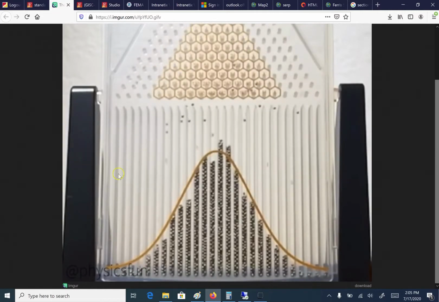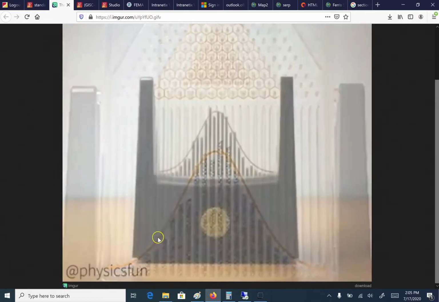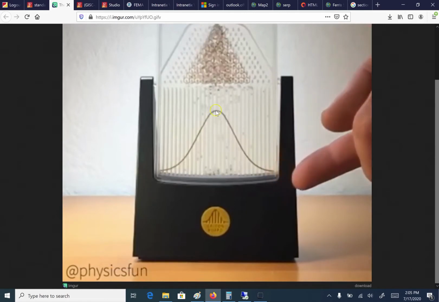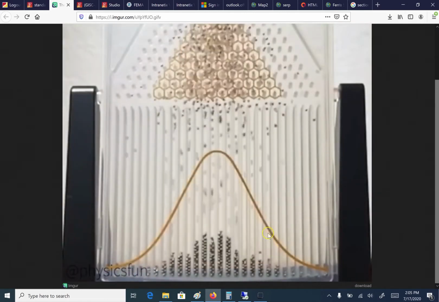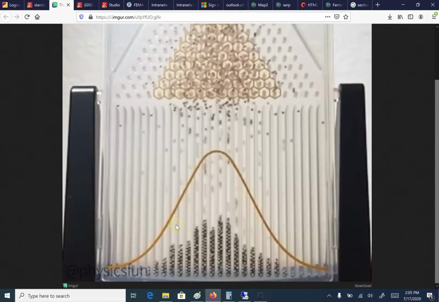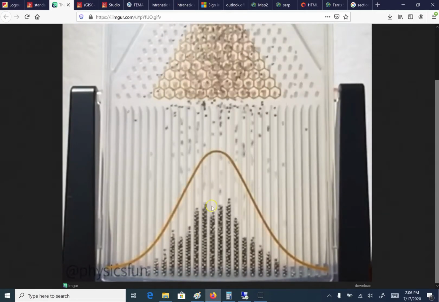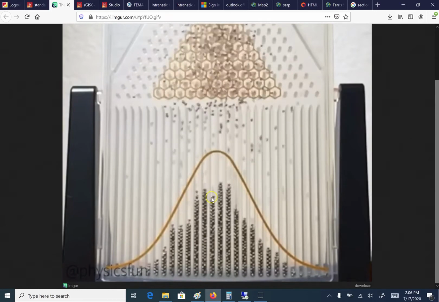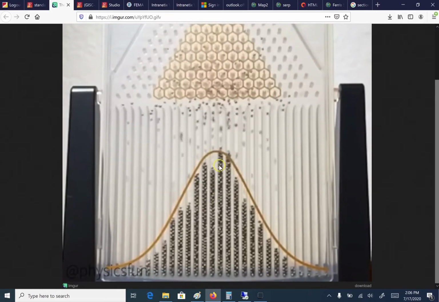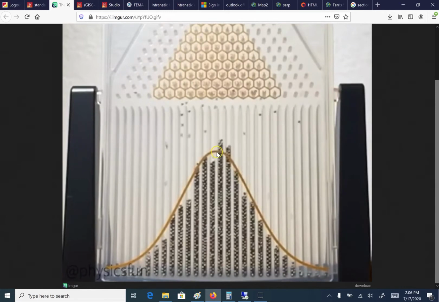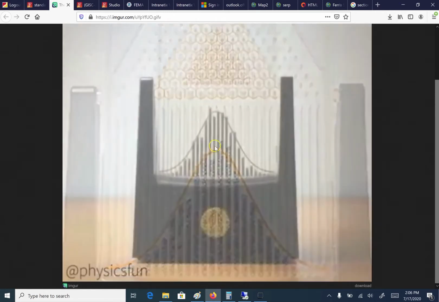Each container has these little bars, and this is the theoretical value that it should have. This is the theoretical Gaussian distribution, and you can see that it actually follows it. The real life example kind of follows it pretty accurately. That is the measurements.